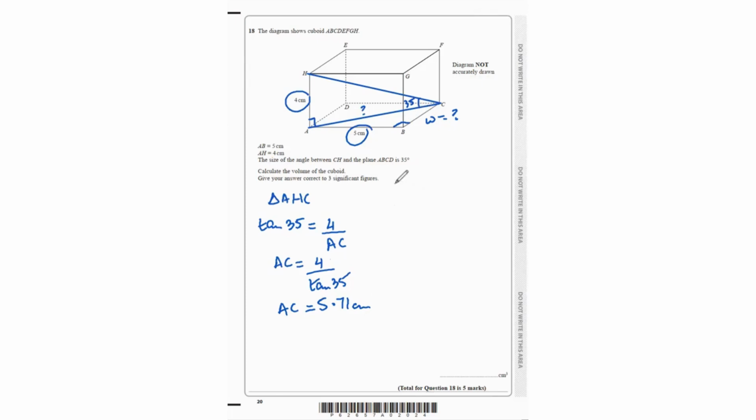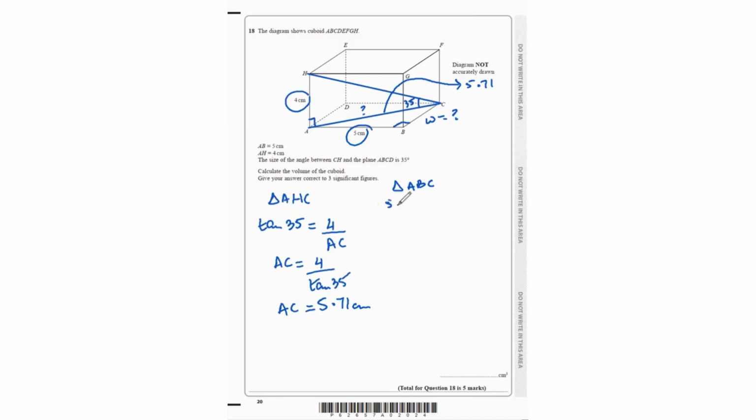Now, if you look at the triangle ABC, we have the hypotenuse, which is 5.71. We have the other leg. We have to find the length of BC. So when we have two lengths in a right angle triangle and we're trying to find the third one, no angle is given, we use Pythagoras theorem.